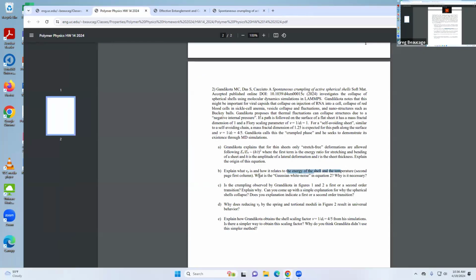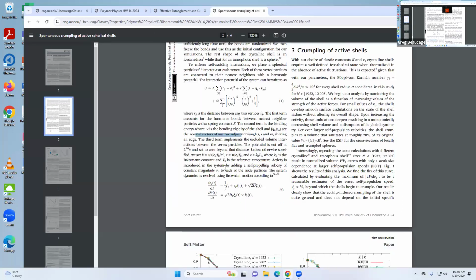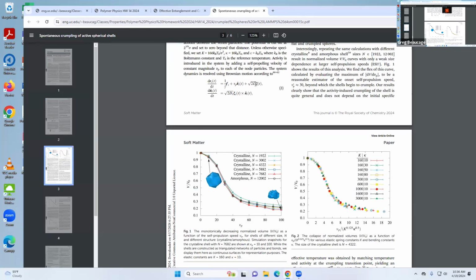So then he adds in this white Gaussian noise, right? So basically all these things are going to have some noise parameter, equation 2. In equation 2 he's got this zeta t, which is usually called g of t when we did it. I showed you something like that in class. Basically that's a random delta function that pops every now and then, and the magnitude of it has to do with the temperature. So that's a kick.